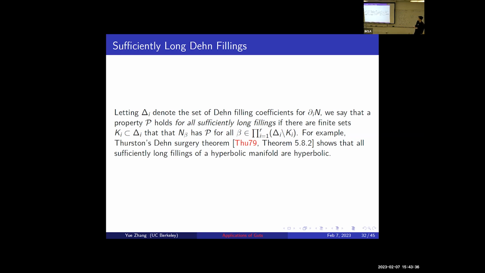This is the motivation why people care about sufficiently long fillings. You just exclude some finite sets on each boundary, and you require the coefficient to be outside of these sets, but the sets are still infinite, so it's still very interesting to consider. For example, Thurston's Dehn surgery theorem shows that all sufficiently long fillings of a hyperbolic manifold are still hyperbolic, and this is very cool.